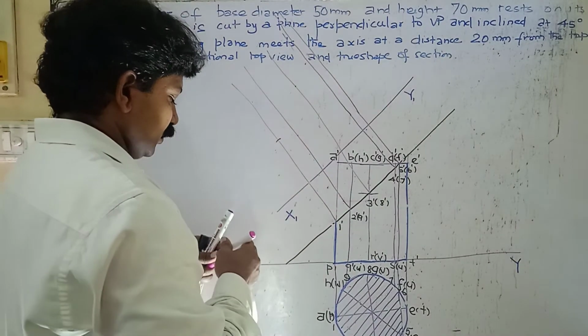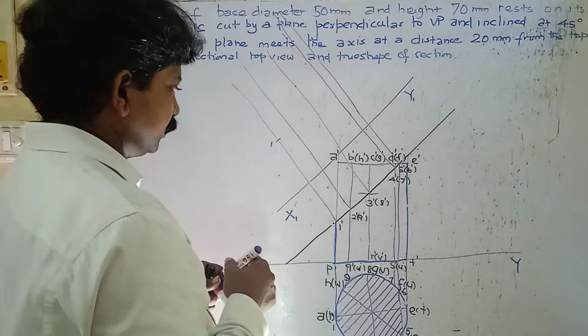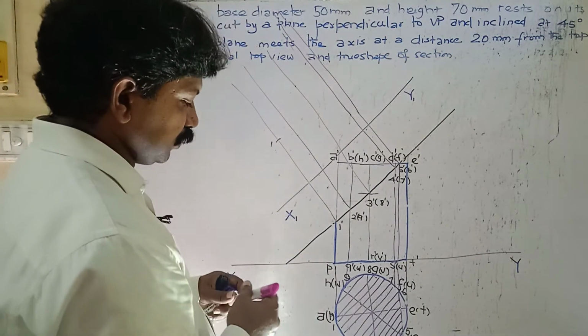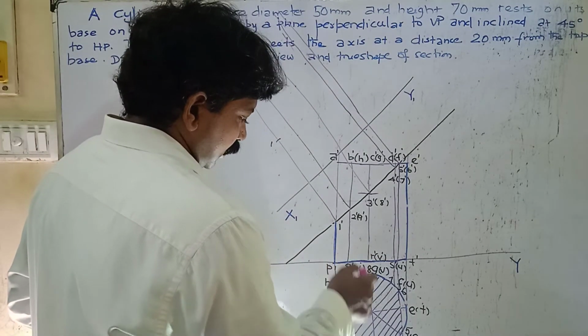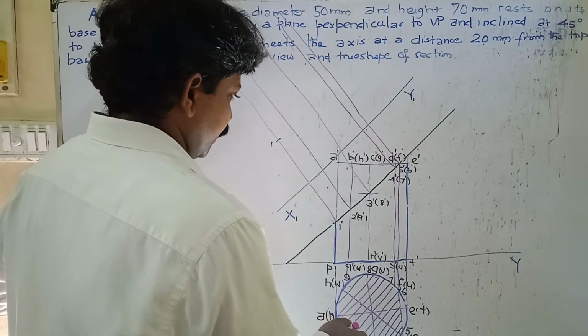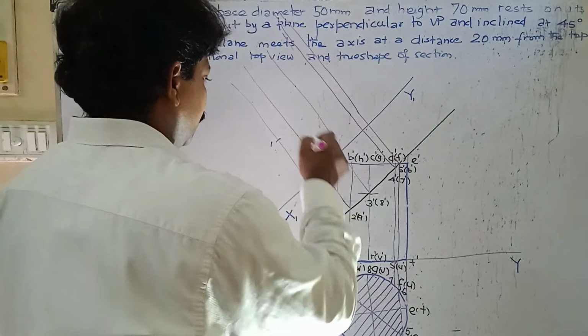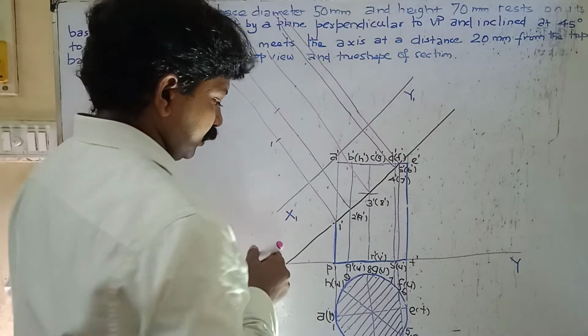Mark the point 1. Then XY axis to cutting point 2 as radius, draw the arc at the corresponding line, mark the point 2.